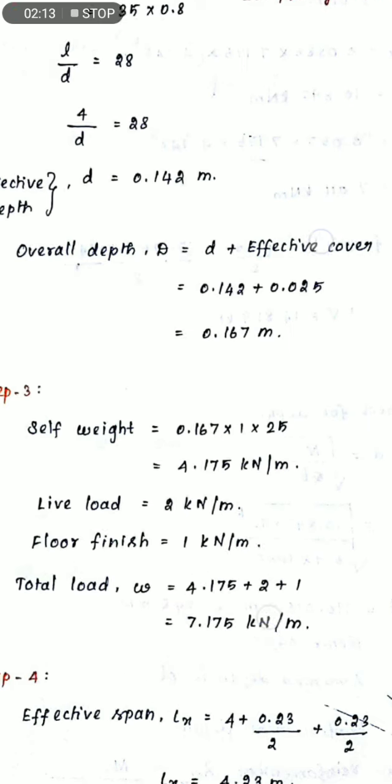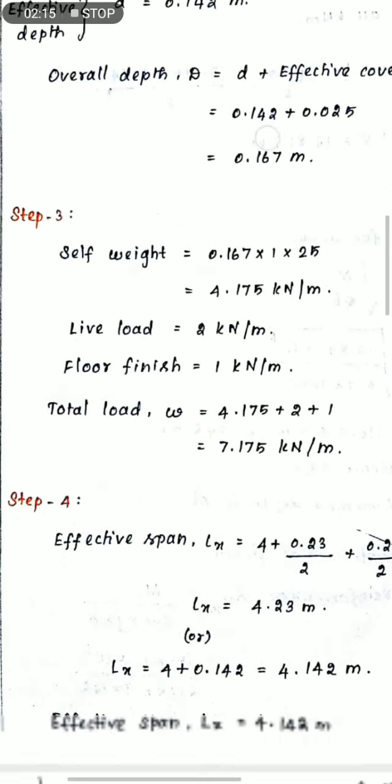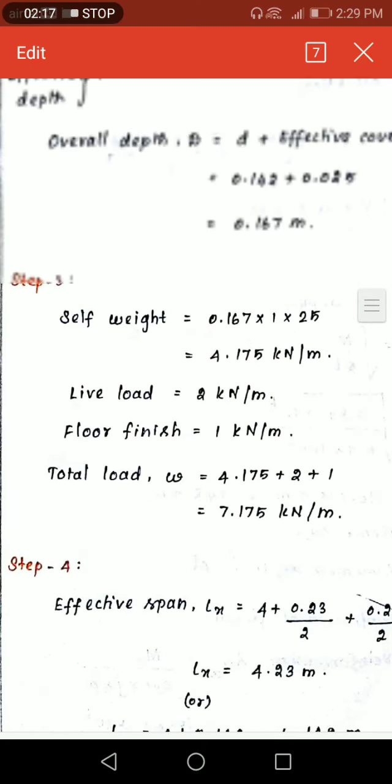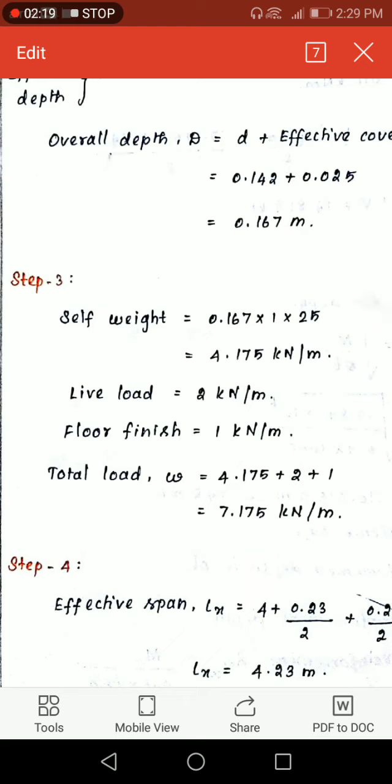Next step is load calculation. In a slab, the following loads have to act on it. The first one is self weight, second one is live load, then floor finish. The self weight of slab is obtained in kilonewton per meter.